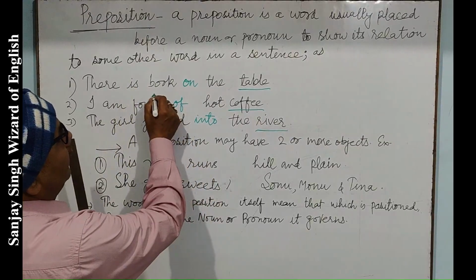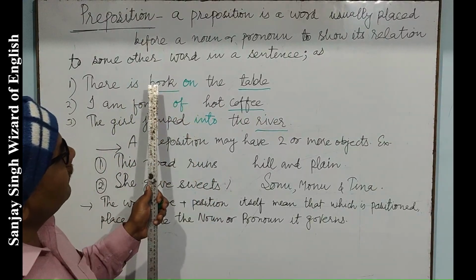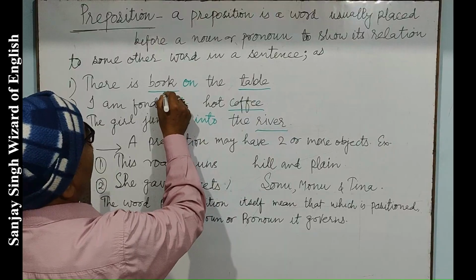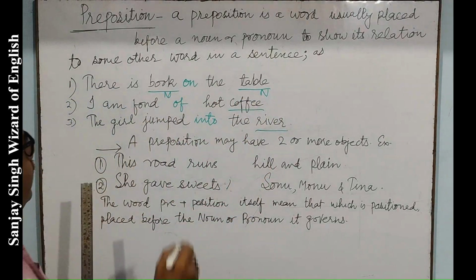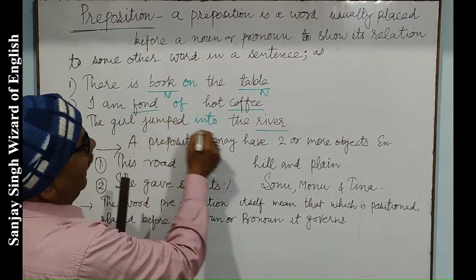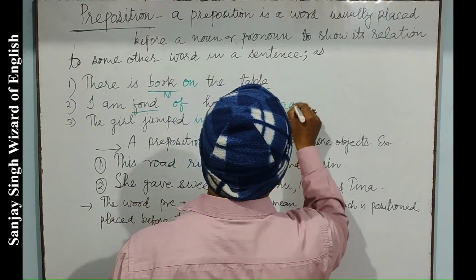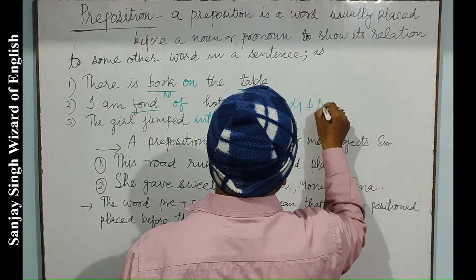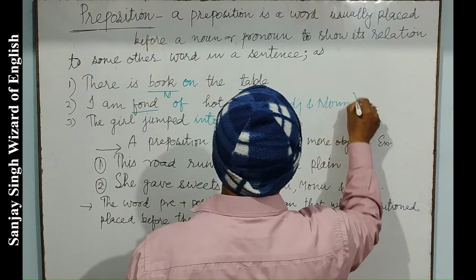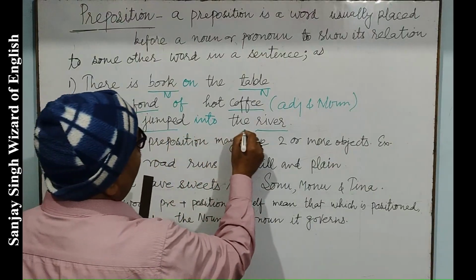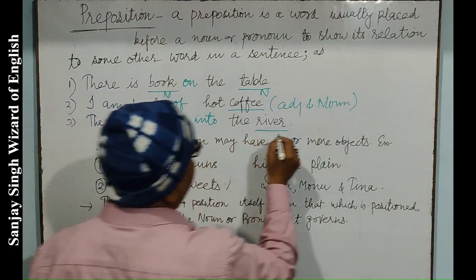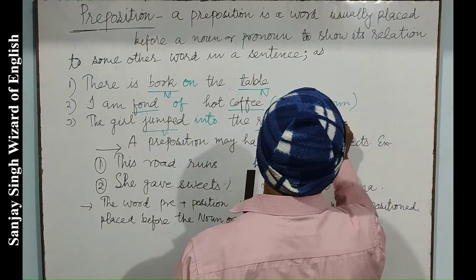For example, here it is showing relation between one noun and another noun. Here again it is showing relation between adjective and noun. Here again it is showing relation between verb and noun.